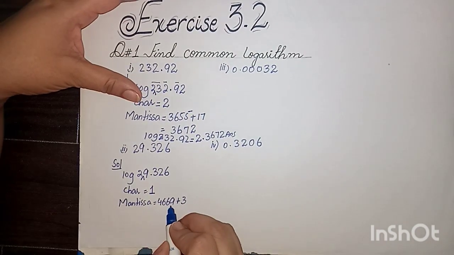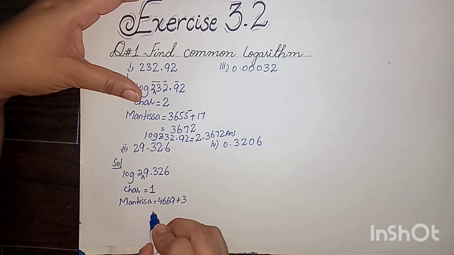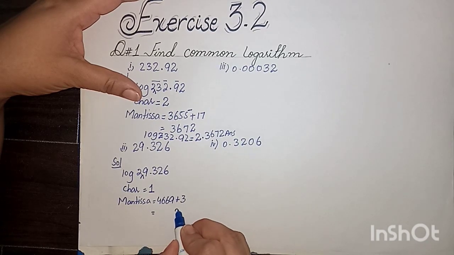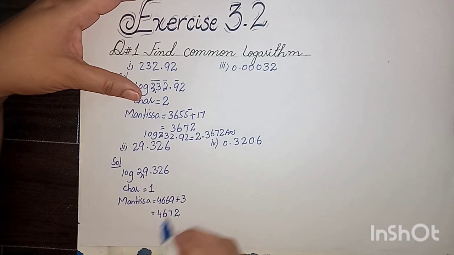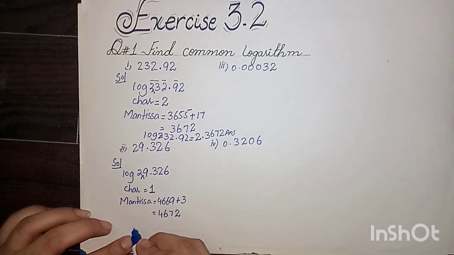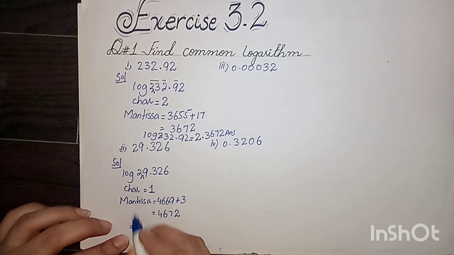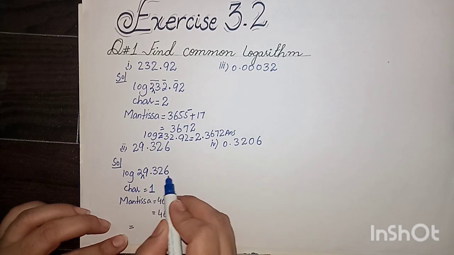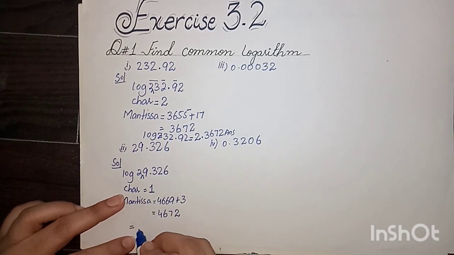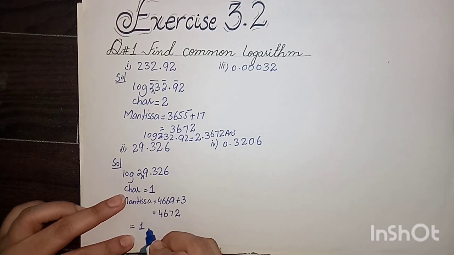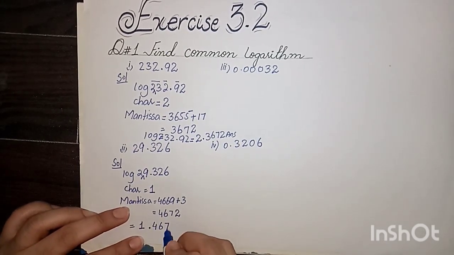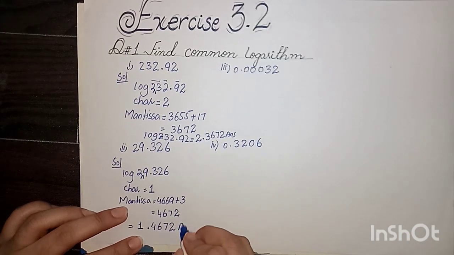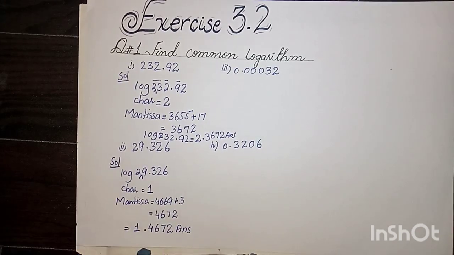This is 4669 plus 3. After adding it, this is 4672. So log of 29.326 has characteristic 1, then decimal, and mantissa 4672. This is my answer.